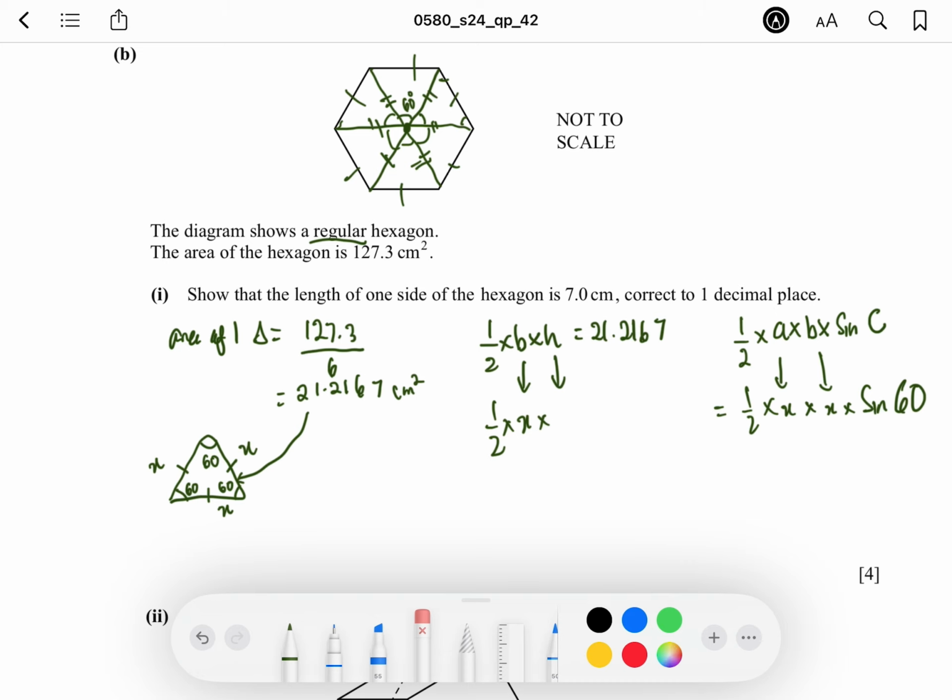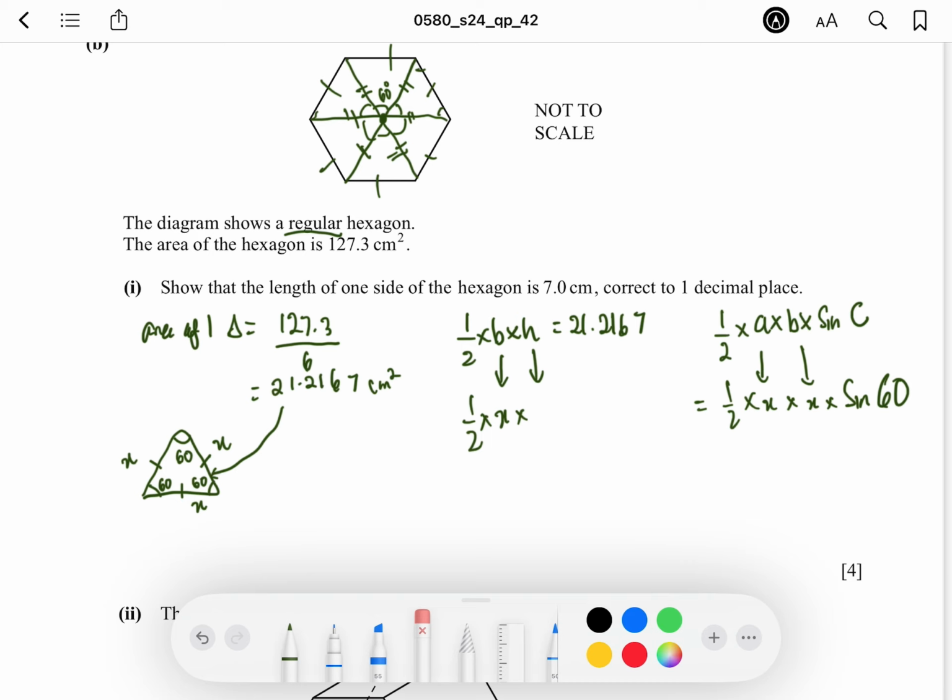And this is equivalent to 21.2167, the area of the triangle. So we can use this one, but using the other one we have the issue of finding the height. We would either use the trigonometric ratio or Pythagoras theorem, which is equally long. Before using the calculator, be patient. Let's see whether this equation is solvable or not.